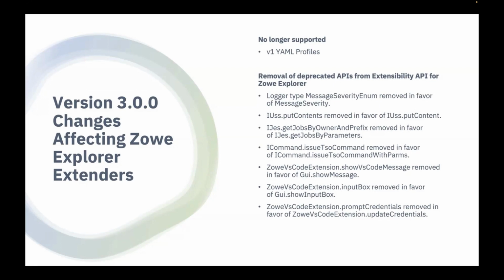And I command issue TSO command was removed also in favor of I command issue TSO command with params. And Zowe VS Code extension show VS Code message was removed as well in favor of GUI show message. And Zowe VS Code extension input box was removed in favor of GUI show input box. And finally, you can see that the Zowe VS Code extension prompt credentials was removed in favor of Zowe VS Code update credentials.